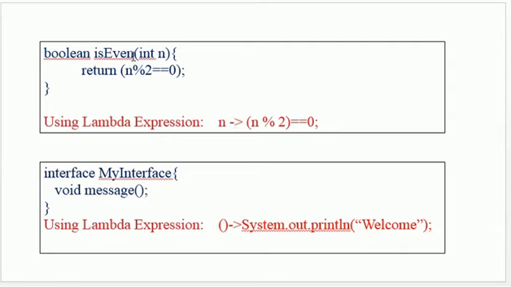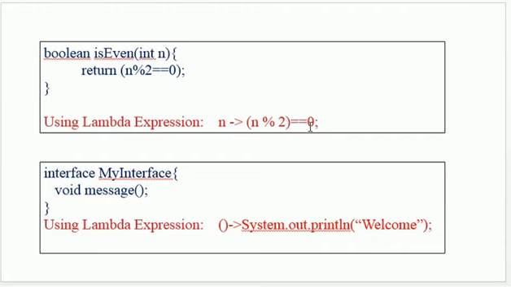See here it is taking a single parameter, so I'm writing this single parameter n. And look into the implementation details. It's a single line, so I am not putting any curly brackets, and moreover it's a return statement, so I am not writing the return keyword also. So what I am writing, divide n by 2 and check the remainder if it is equal to 0. So your answer will be either true or false. So that will be returned.